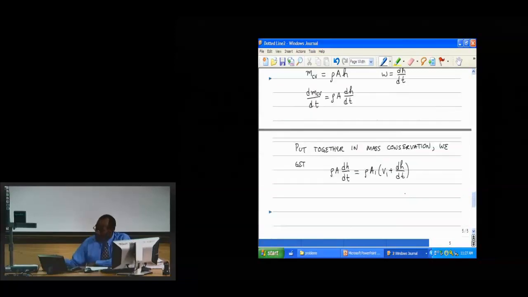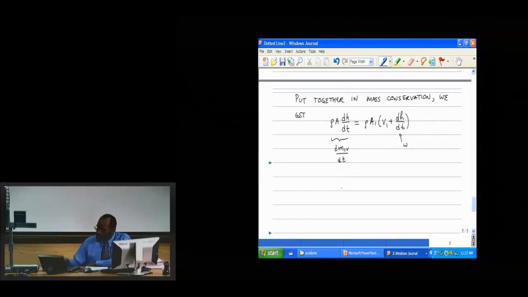So identifying the pieces, this is W and this is dm_CV/dt. So when we put this together, we get that dH/dt is equal to rho A1 V1 divided by rho (A minus A1).